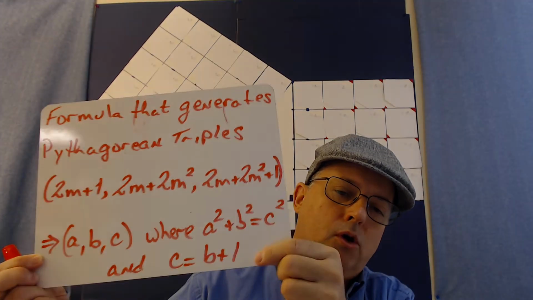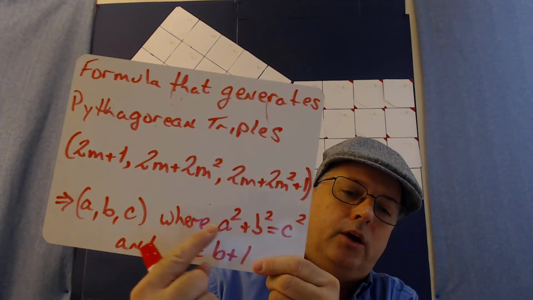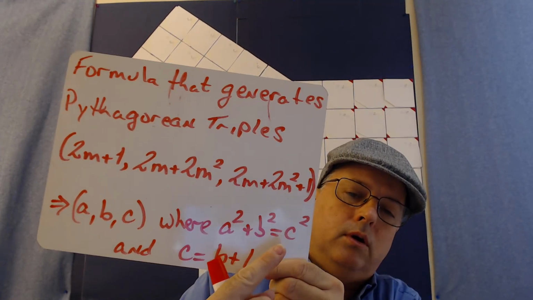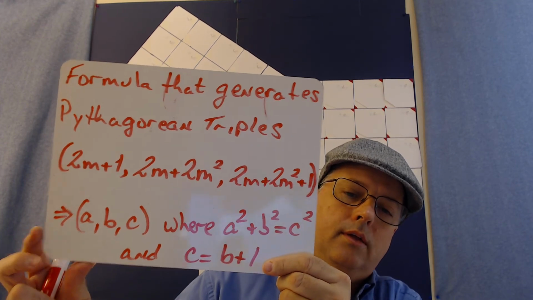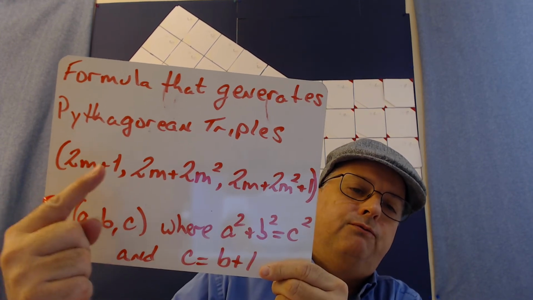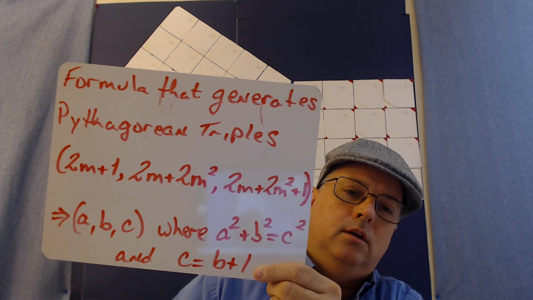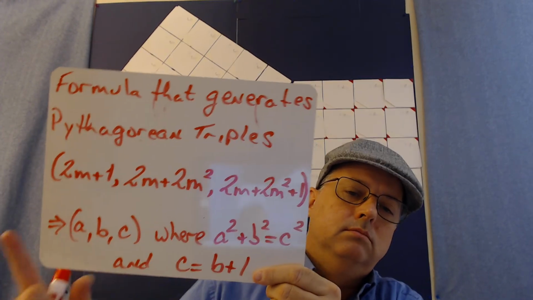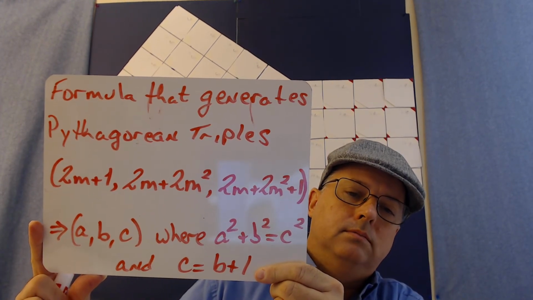So it's pretty remarkable here. We have this Pythagorean theorem, A squared plus B squared equals C squared, and then who knew that there were formulas that generated Pythagorean triples? Pretty remarkable again.